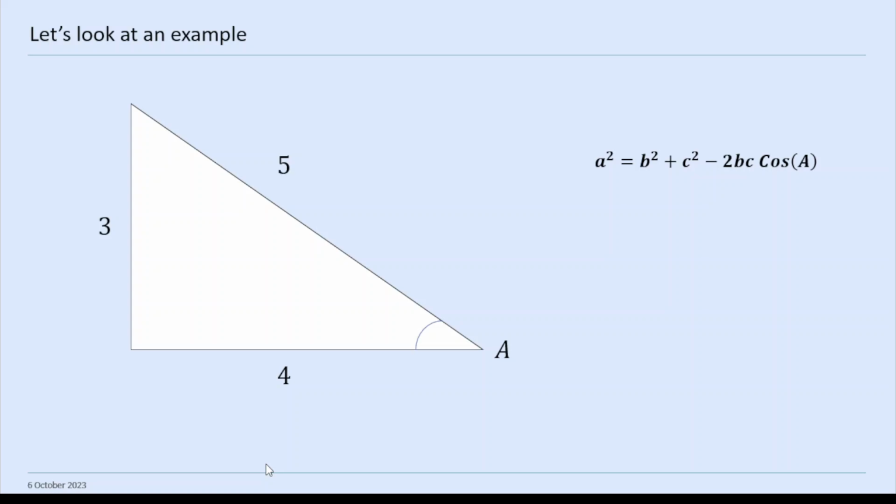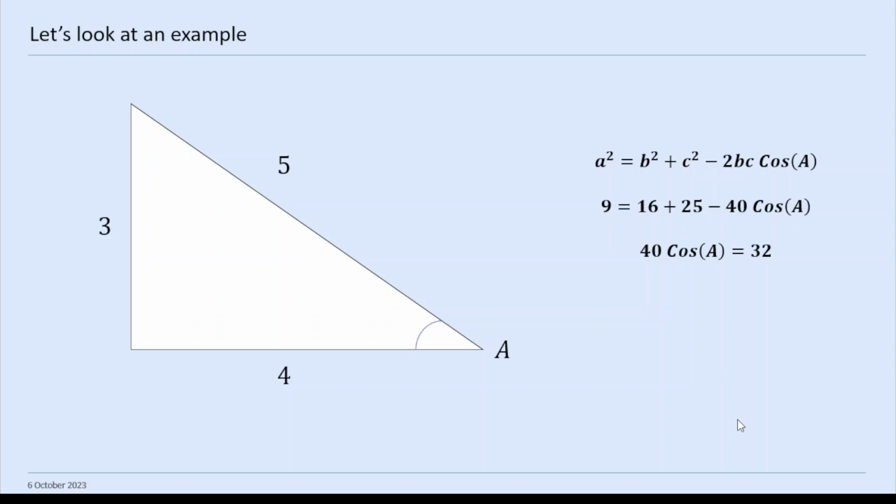So let's look at an example. Say you've got a 3, 4, 5 triangle. We're trying to work out the angles. We know that 9 equals 16 plus 25 minus 40 cos A. So 40 cos A equals 32, because we add 40 cos A to both sides and then take away 9. 41 minus 9 is 32.